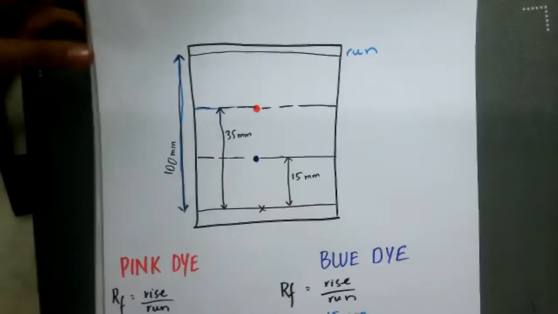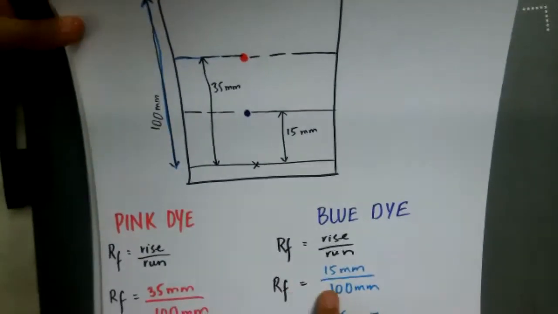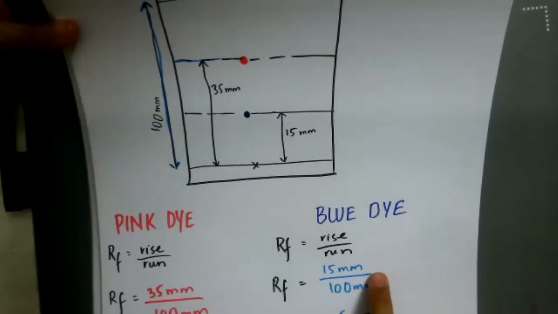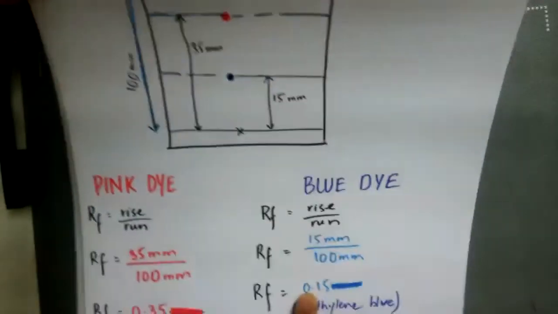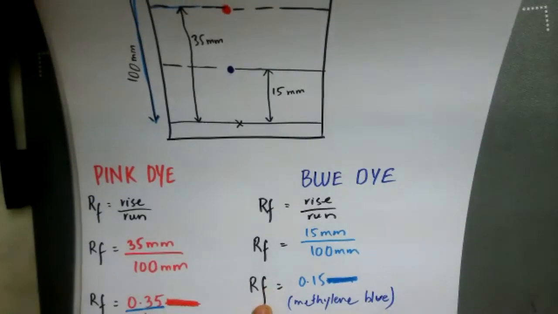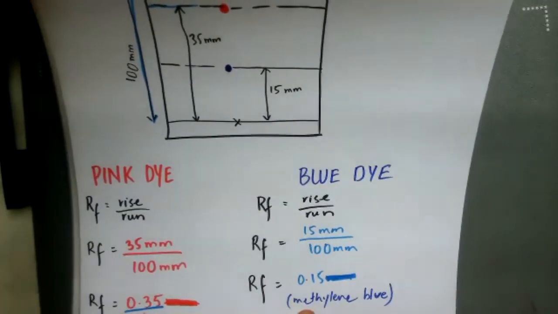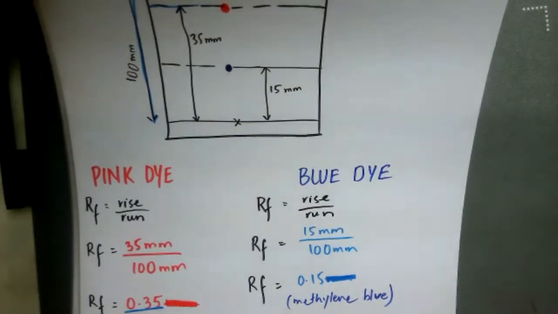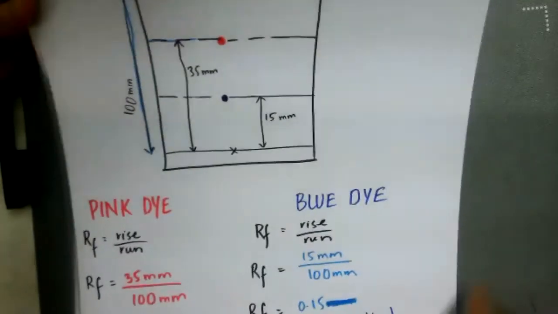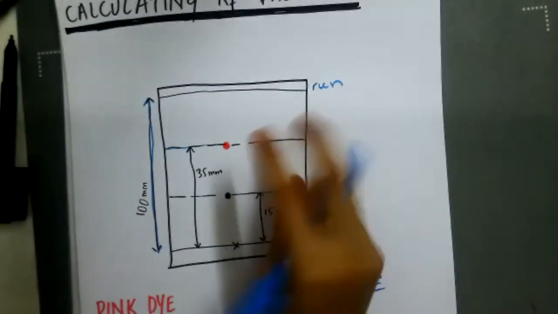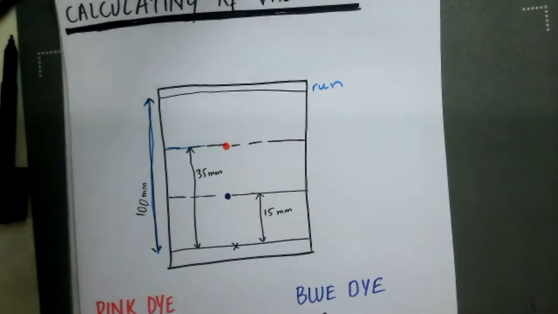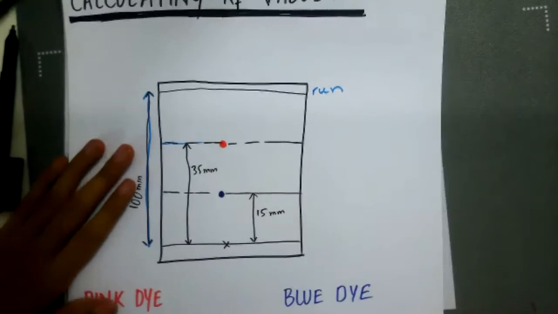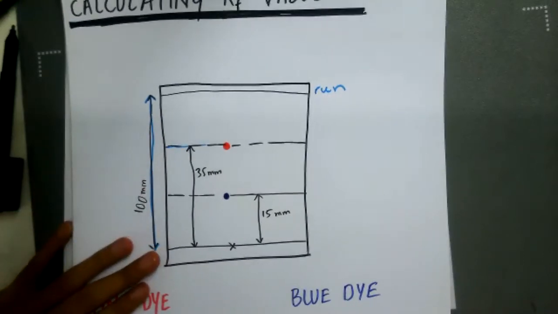Again, using the same formula for the RF value, 15 millimeters over 100 millimeters, I get 0.15 as my RF value. And I again open up the table and I get to know that this is methylene blue. So that's how I can identify each of these pigments, and this is how I know what the black ink is made of.